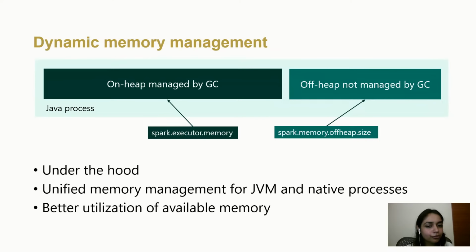On the whole, it offers better utilization of available memory, which means you don't need to worry about your split upfront. And aligned with Spark's behavior, anytime the dynamic memory manager thinks that you're going to make a memory allocation that could lead to an out of memory error, it will simply fail your execution just as Spark would.